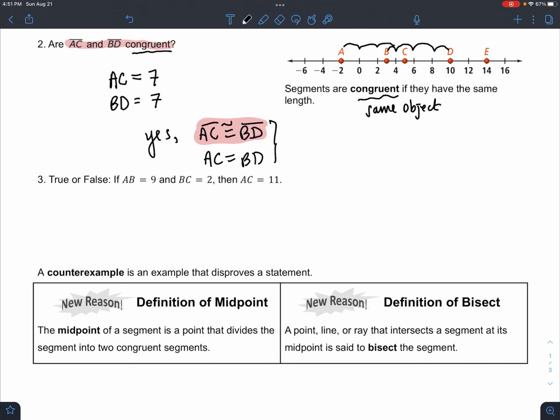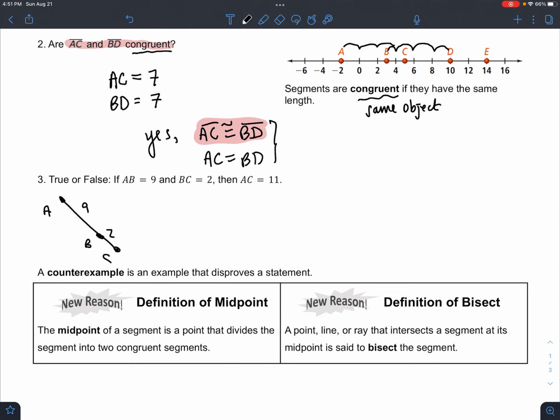This is just a kind of a true and false here. If AB is 9 and BC is 2, then AC is 11. Now, is that true? I mean, there's definitely a case where that is true. If this is 9 and this is 2, I can definitely picture that. That would be an example where the statement is true.